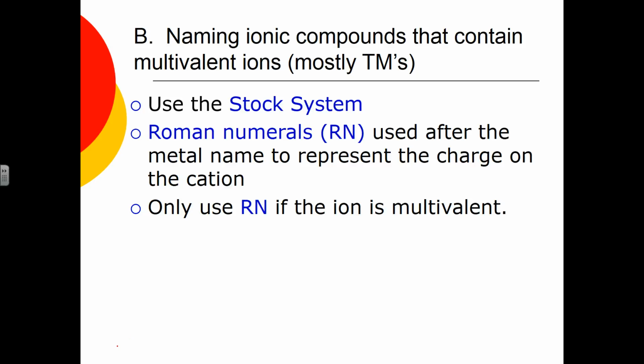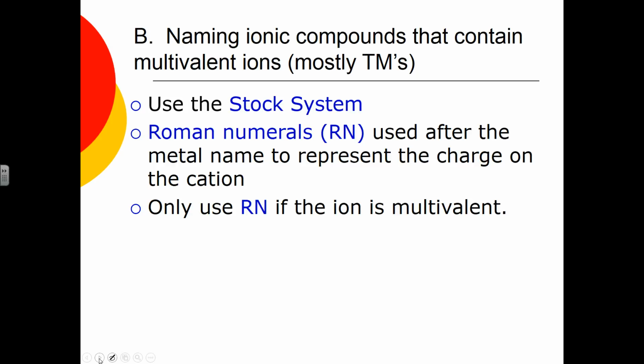Now remember, we only use a Roman numeral if the cation is multivalent. We do not have any multivalent anions to worry about, so it's only going to be used if the metal ion is multivalent. So that means when you have a transition metal or tin and lead.